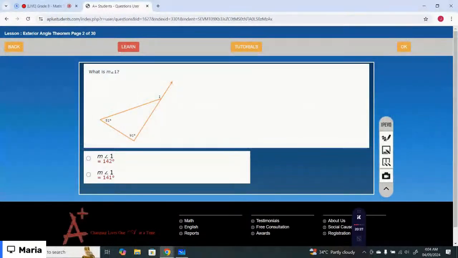Okay, what is the measurement of angle 1? So which is the correct option?